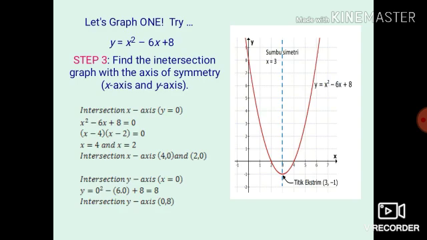So the intersection with the y-axis is (0, 8). And then we must connect the points from step 1 until step 3. And this is the graph of y equal to x squared minus 6x plus 8.